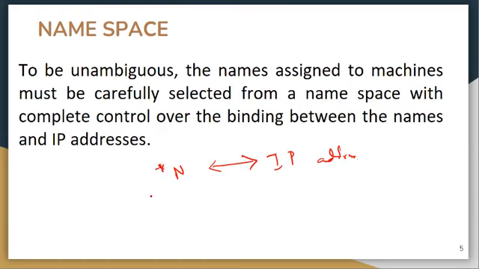So the names should be unique, and the namespace is usually organized in two ways. First is the flat namespace, and the other is the hierarchical namespace. So what are the flat namespace and the hierarchical namespace?